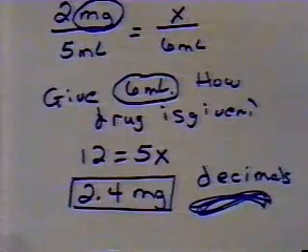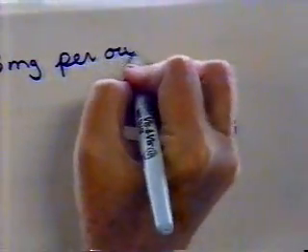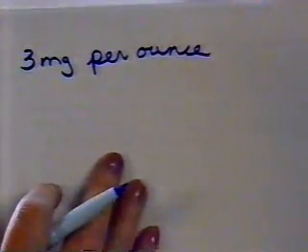Okay, so now I want to look at the problems on page 10. The first problem on page 10 says there are 3 milligrams of drug per ounce. 3 milligrams per ounce.